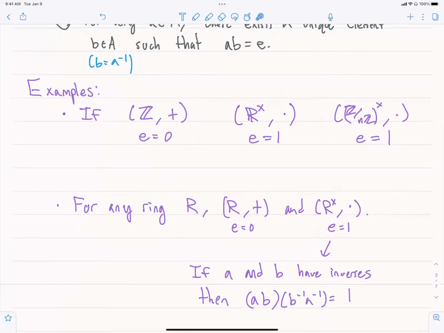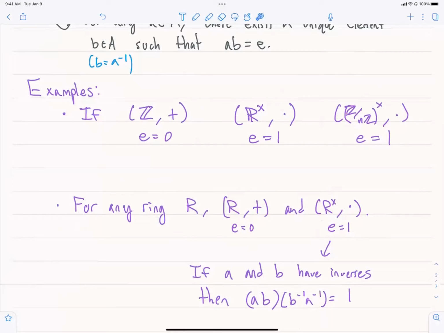That's the key thing to check, because otherwise the multiplication operation wouldn't make sense if you could take two invertible elements in R and multiply them together, and what you got wasn't invertible anymore. We need to stay in this world for it to be an abelian group. But it's easy to check.